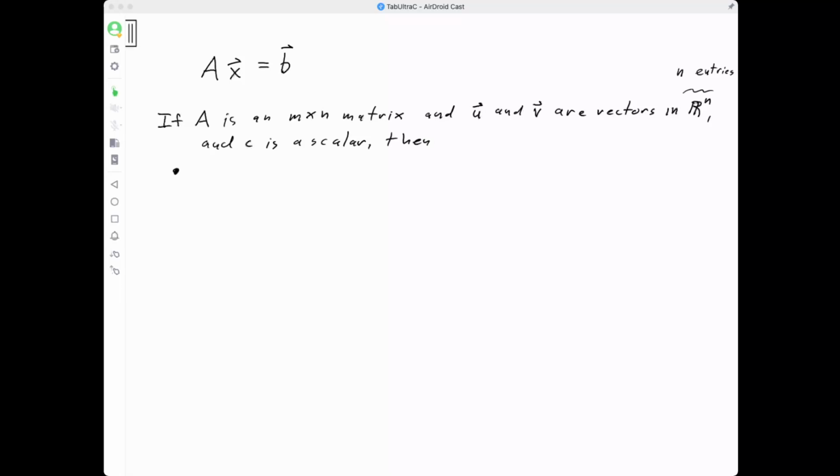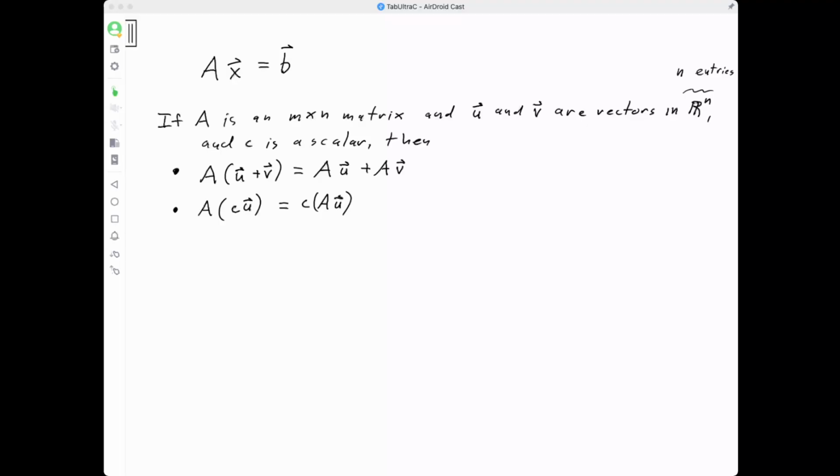First off, the matrix A times the vector that you get by adding u and v is equal to A times the vector u plus A times the vector v. And secondly, A times the scalar c times u, so A times the vector that is composed by taking the scalar c times u, is equal to the vector you get by taking A times u and then multiplying that by the scalar c.